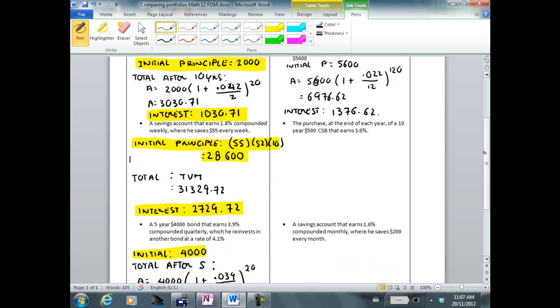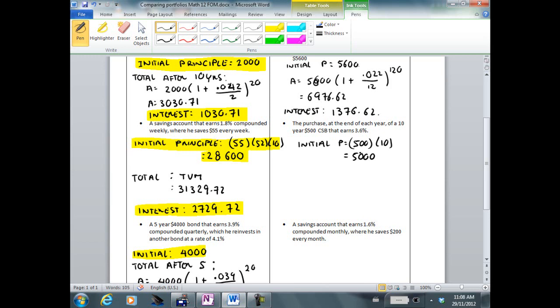Number 2, yes, you do. The purchase is at the end of each year, which means I'm putting in $500 each year. Initial is 500 times 10, correct. So P is equal to 500 times 10, and you should have 5,000. We do, but I'm just talking about my initial.